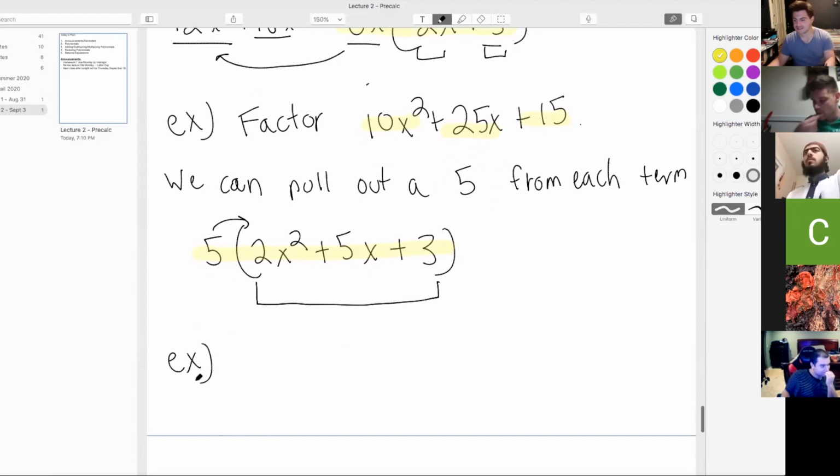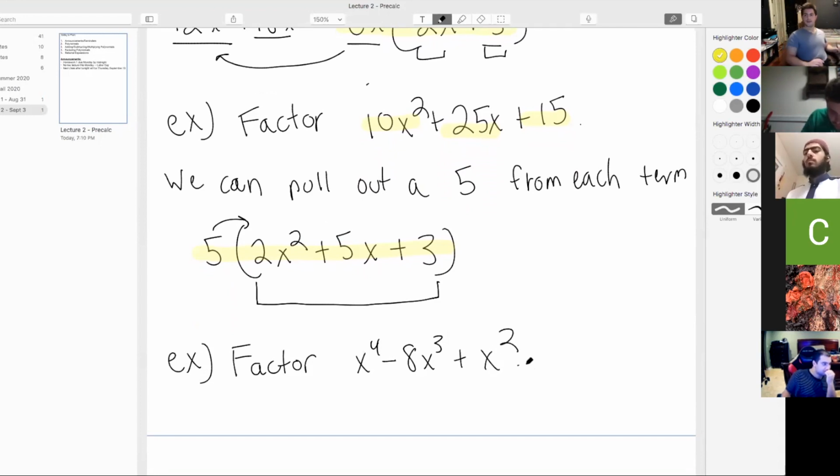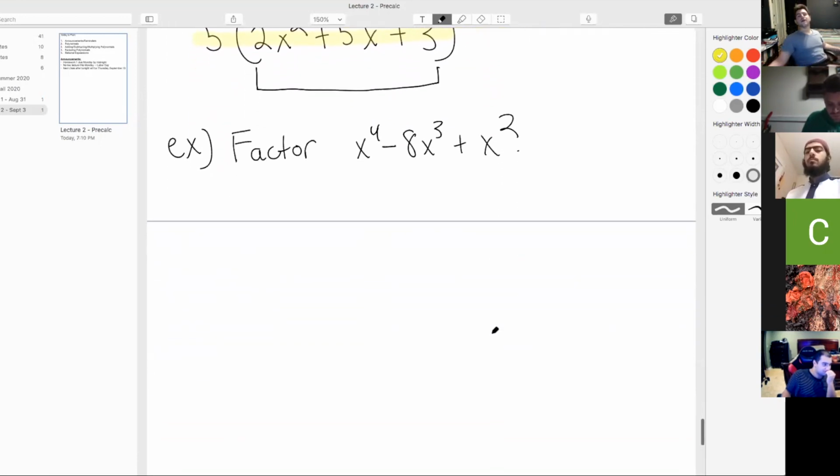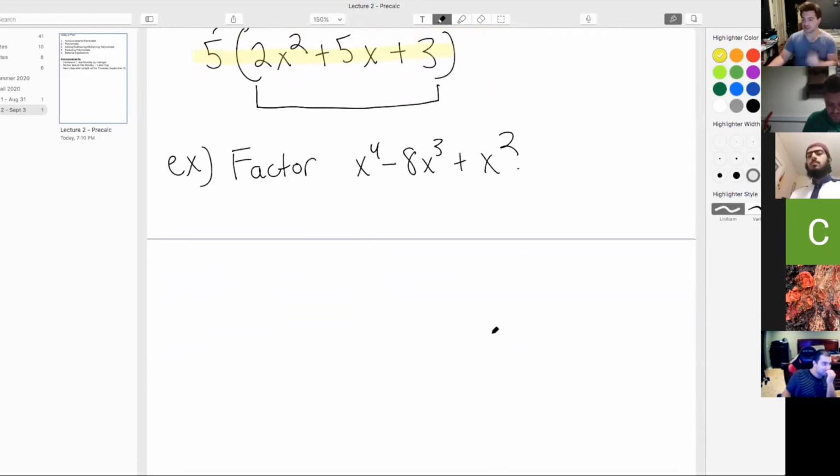All right, last example for GCF. How about this? Factor x to the 4th minus x to the 3rd plus x squared. So what can we pull out from each term?